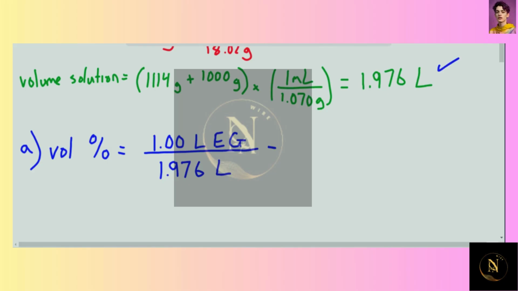We multiply this by 100, and we get a value of 50.61% volume by volume.